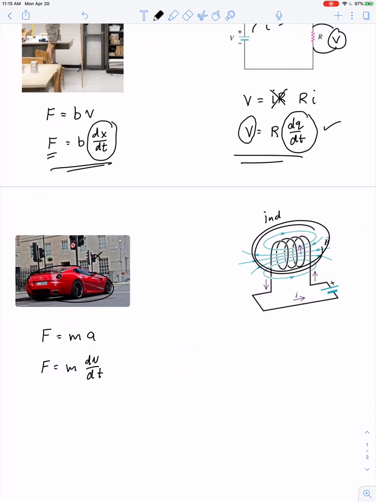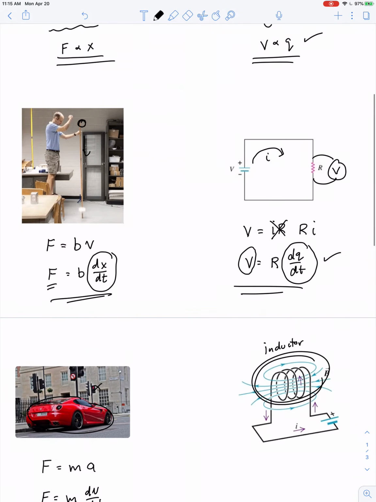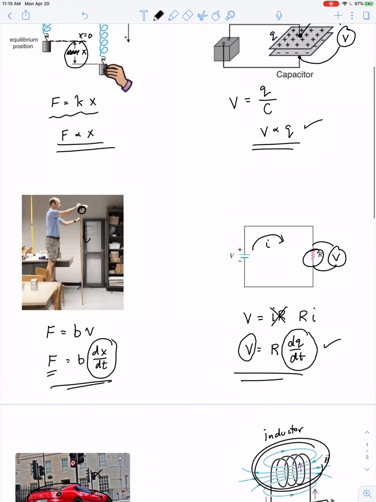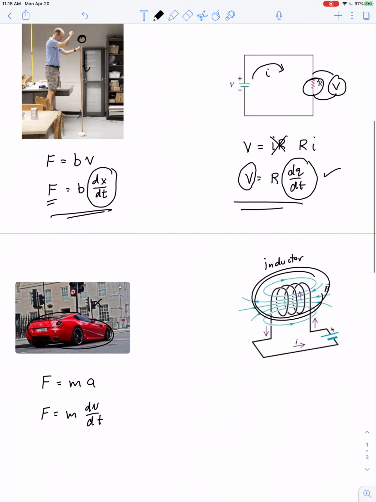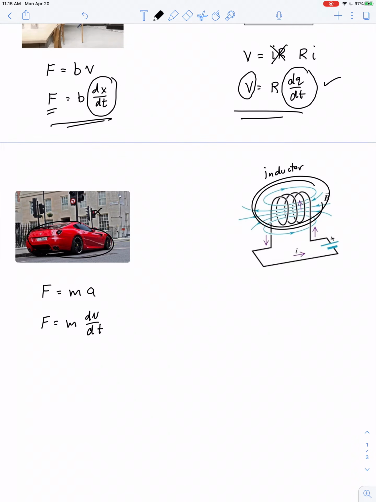This is our inductor, as opposed to having a resistor or a capacitor. Now we can talk about a circuit component known as an inductor, and here we're modeling the inductor in the form of a solenoid. In any case, there's a voltage across that inductor, and it's not proportional to the amount of charge. Inductors don't store charge. And inductors don't have a voltage across them anytime a current flows.